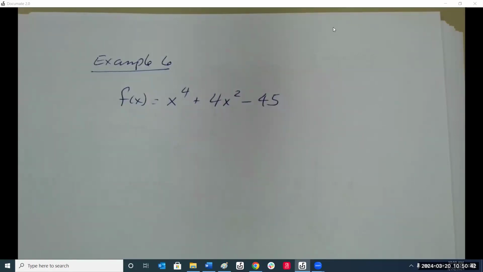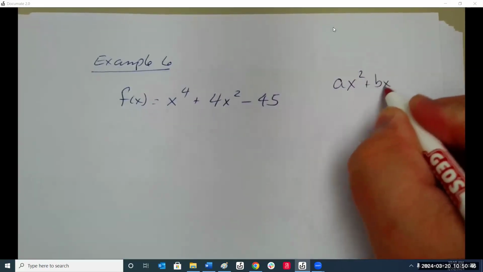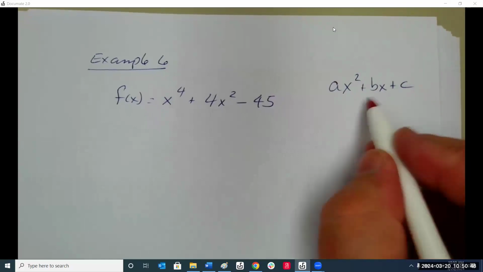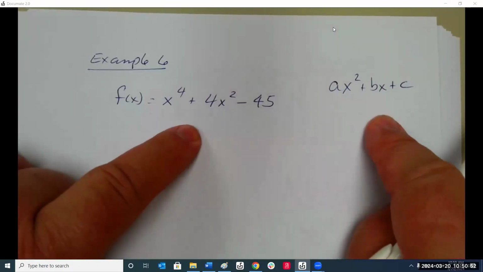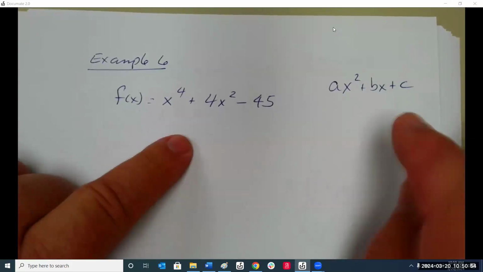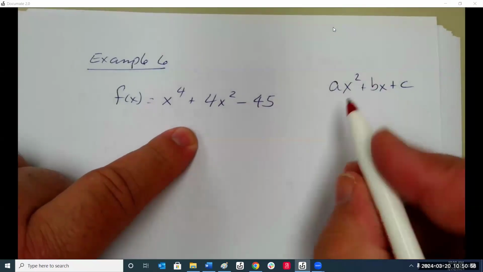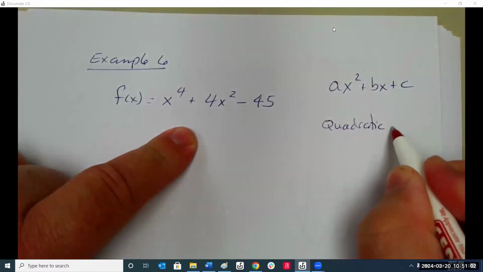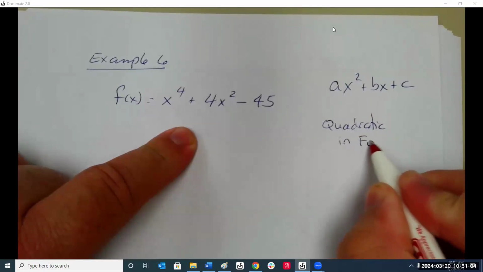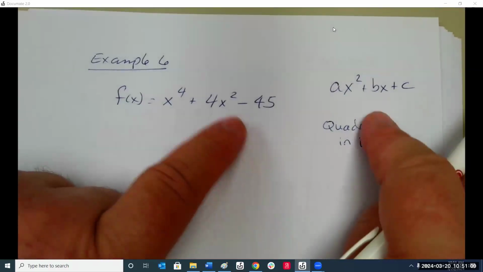We're used to having equations with 3 terms that look like this. That's quadratic, right? Now, look at both of these. This is what we call quadratic in form, because they look the same.